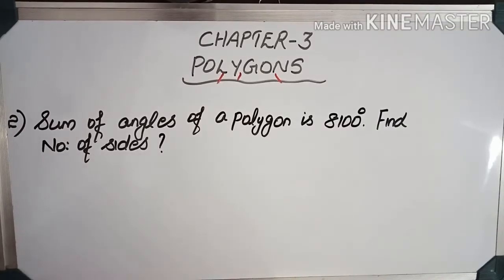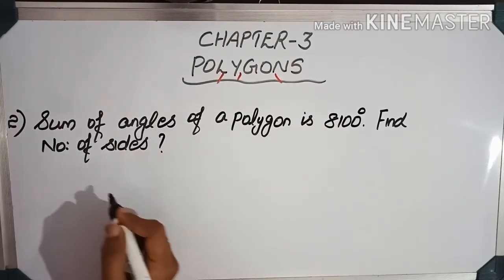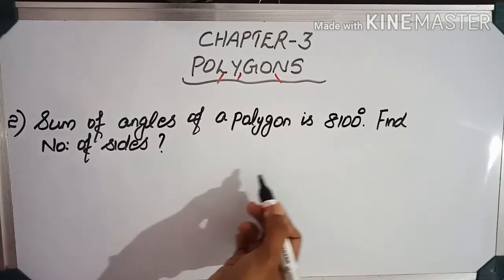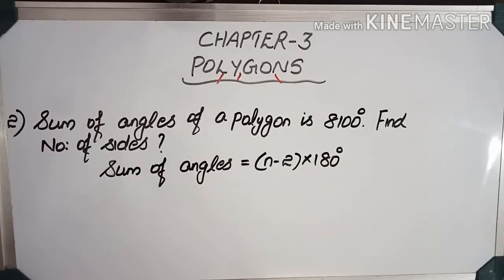So here also we have to use the same equation, because the sum of angles is given. Let's write the sum of angles first: sum of angles equals (n minus 2) into 180 degrees.